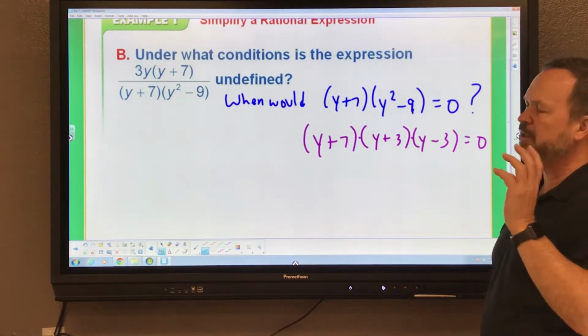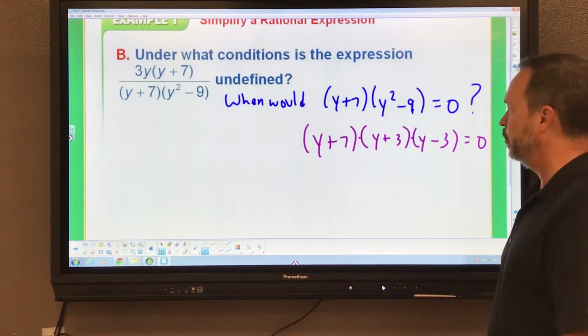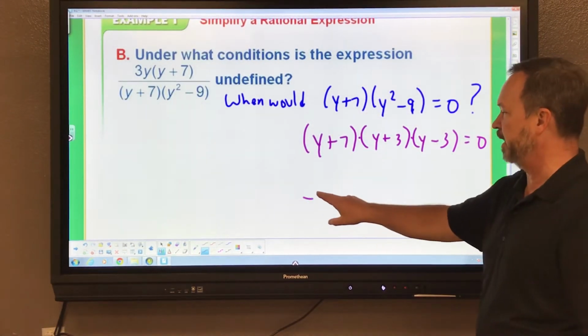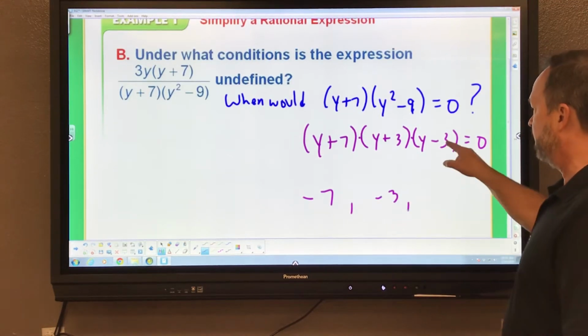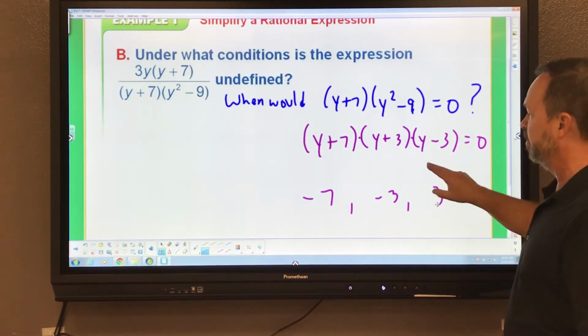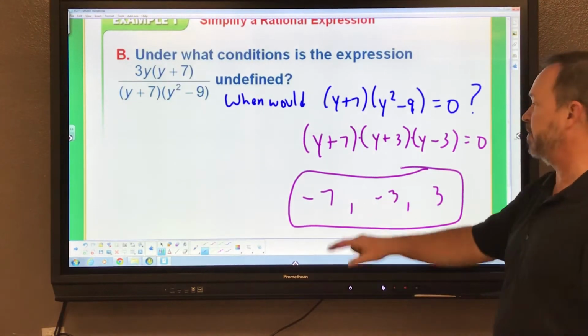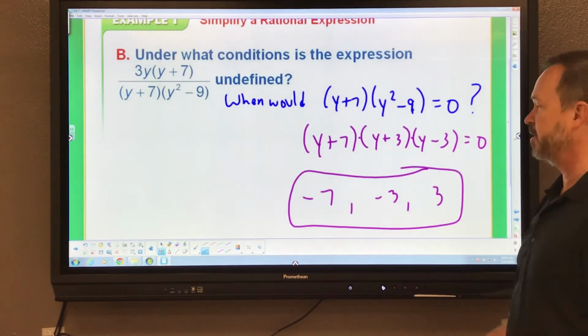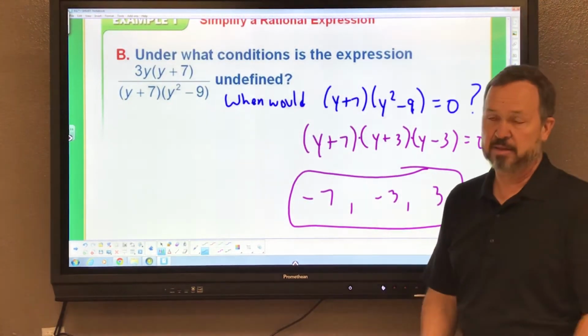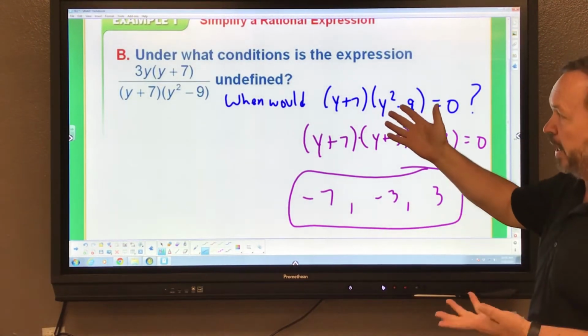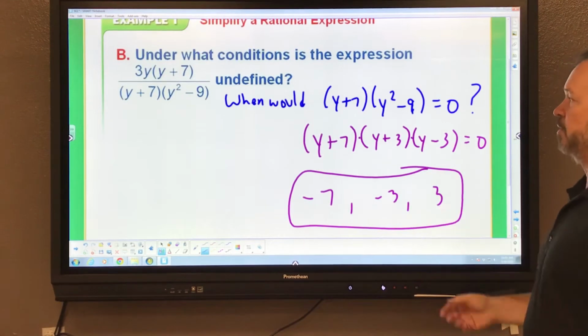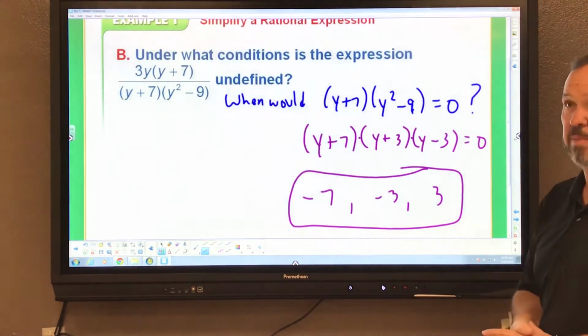Or I could kind of look beyond that and at some things that we did before. What would make that 0? A negative 7. What would make that 0? A negative 3. What would make that 0? A positive 3. Those things are the things that can't be. That's when it would be undefined. So x can't be that, nor that, or in this case y. Can't be that, nor that, because those are the things that would make it undefined.